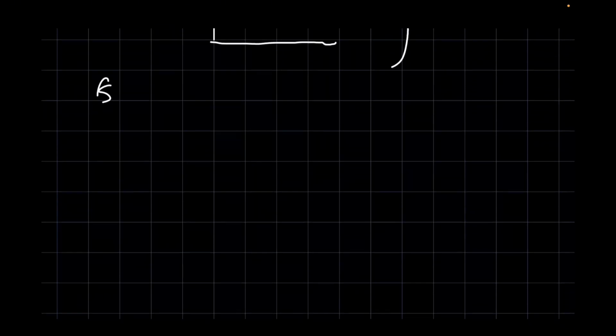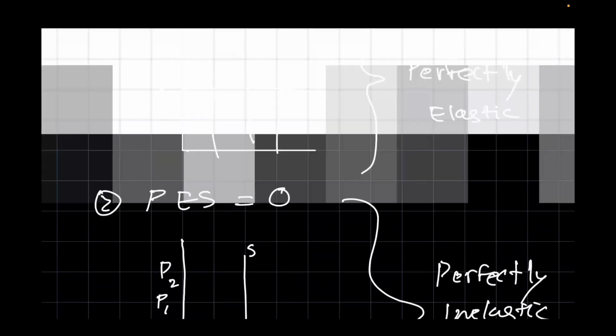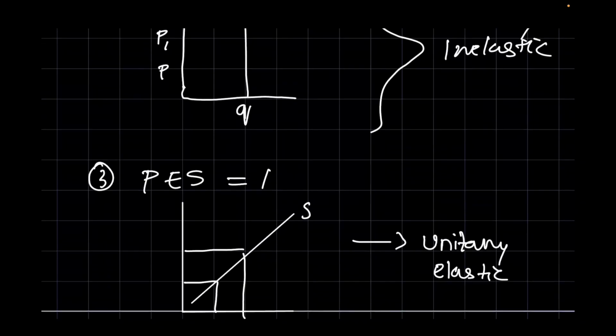The last degree of elasticity is when PES is greater than 0 but less than 1. This can be seen through this. If you remember, in the case of perfectly inelastic, it's somewhat vertical.